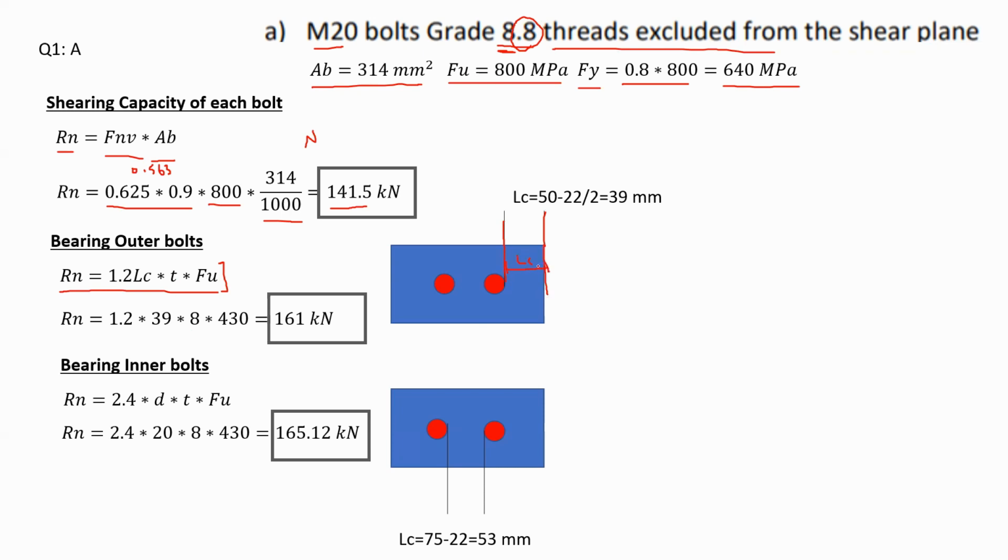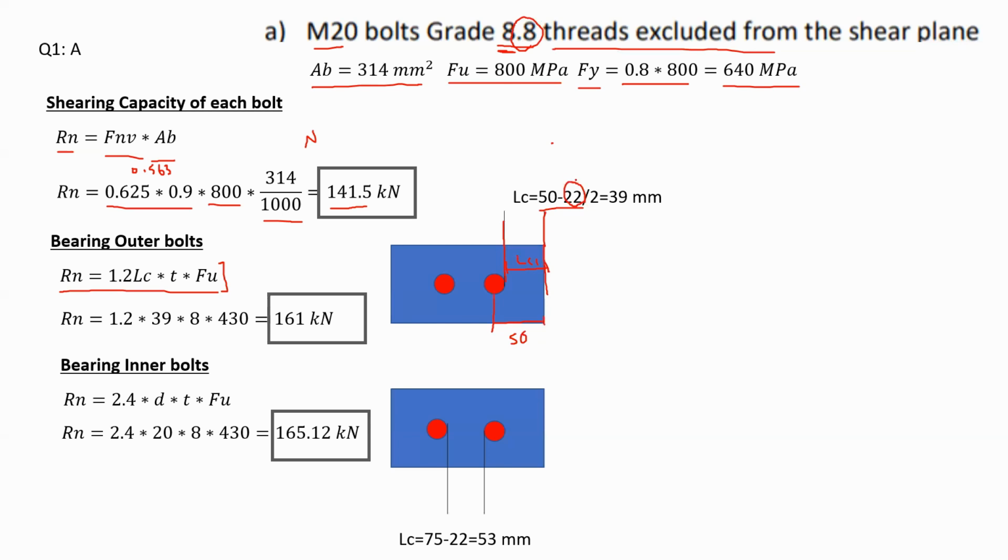This is Lc, and I can say that this is Lc1. In order to calculate Lc1, in the problem you are given from the center of the bolt to the edge that this is equal to 50 millimeters. Now we would like to consider the length Lc1, so I say 50 minus 22 divided by 2. Notice that 22 is the diameter of the hole, not the bolt, but the hole.